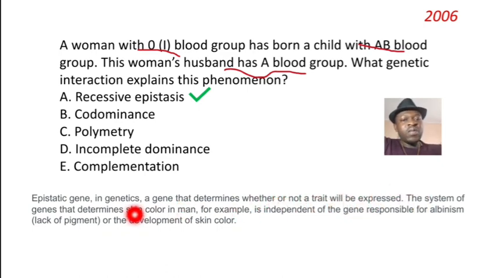The system of genes that determines skin color, for example, in humans is independent of the gene responsible for albinism or the gene responsible for skin development. That's epistasis. So here, on these blood groups, which may seem not associated, in this case it is called recessive epistasis.